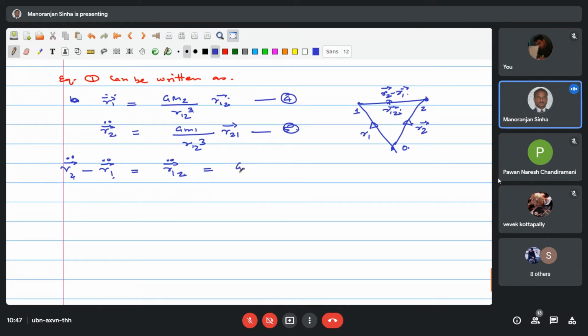G will be common, R12 cubed. We have M1 minus M2, M1 times R21 minus M2 times R1.